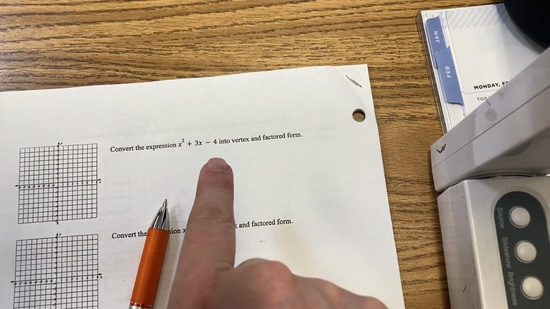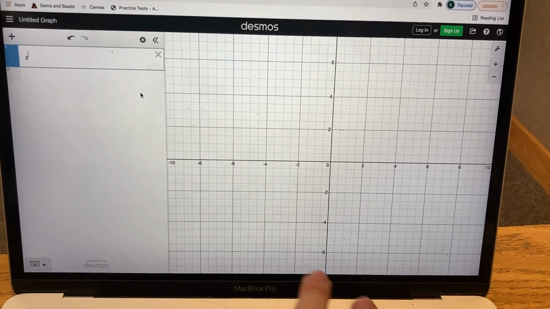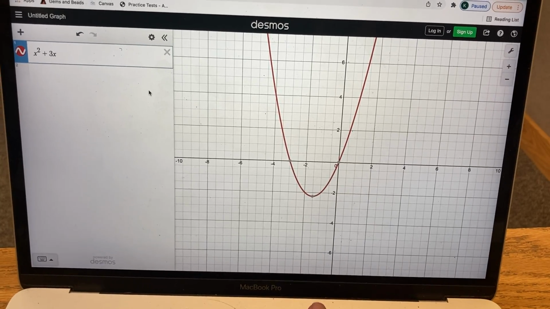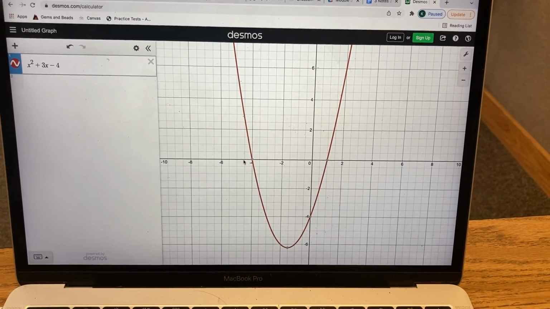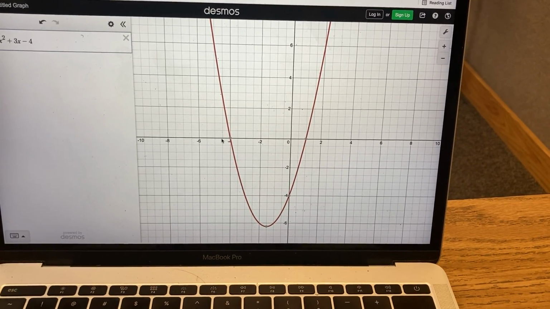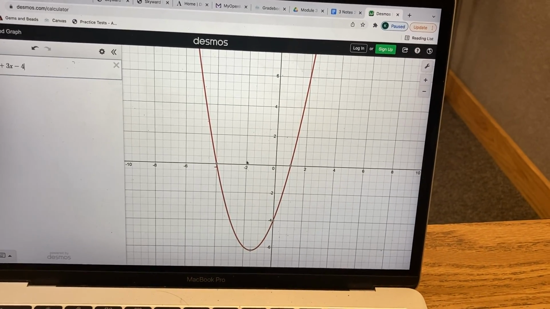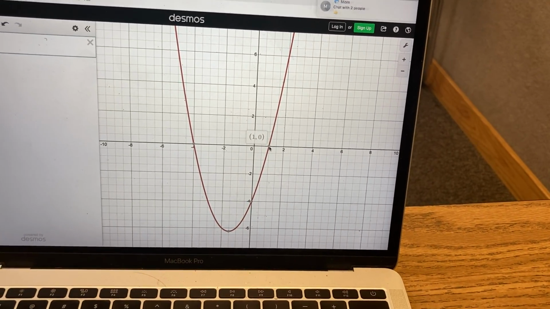Okay, so my notes say x squared plus 3x minus 4. It gives me my intercepts at -4, 0, and if you highlight over it, it'll tell you the point, so 1, 0.